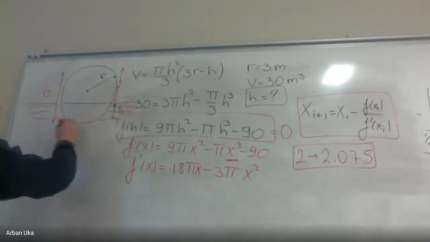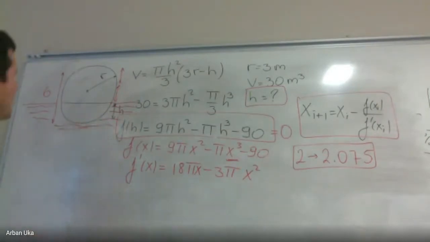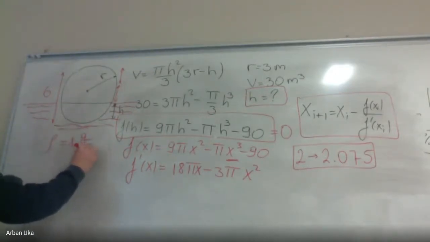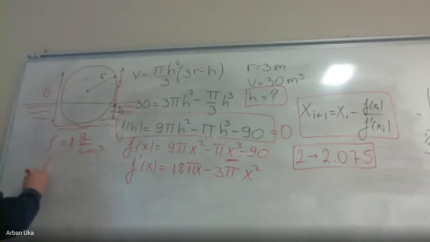So now, in this problem, instead of a tank filled with water, assume that this is a piece of wood. The water has some density rho, which is 1 gram per centimeter cube, and for the wood, this is something smaller than 1.